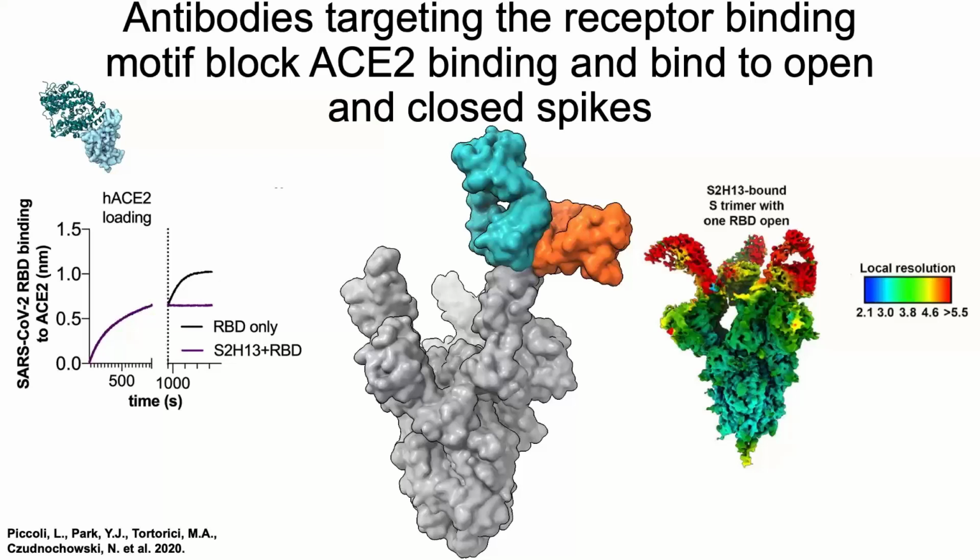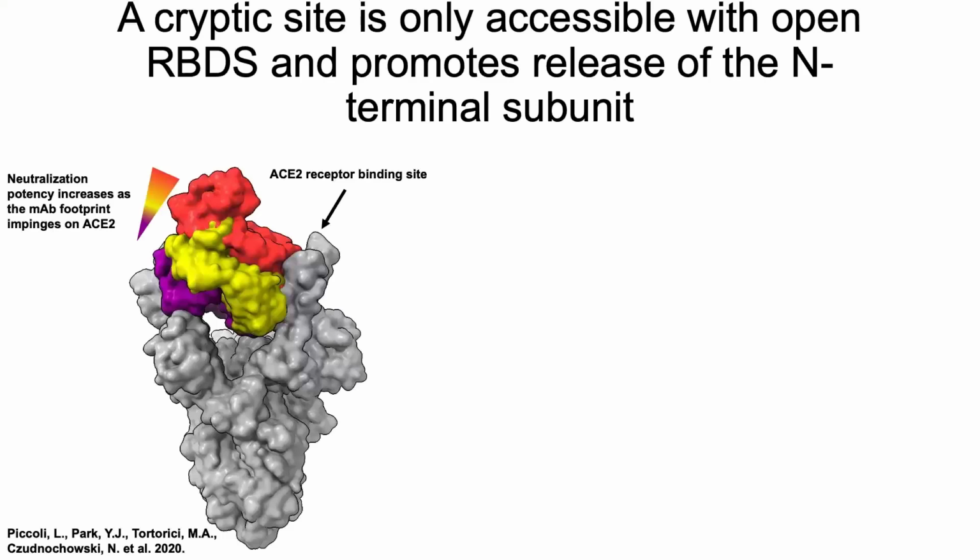And so we also wanted to see, are there other antibodies binding into different zones that are also neutralizing on the receptor binding domain? And so again, we found another class of antibodies. What I'm going to show first is that we have these three antibodies, one in pink, one in yellow, and one in purple, that are all binding to this outer side of the receptor binding domain, away from the ACE2 binding site.